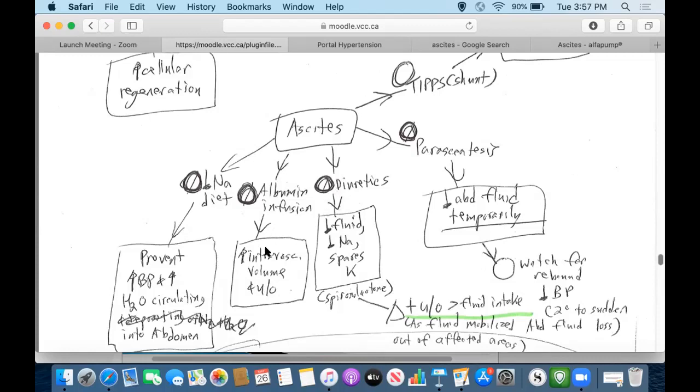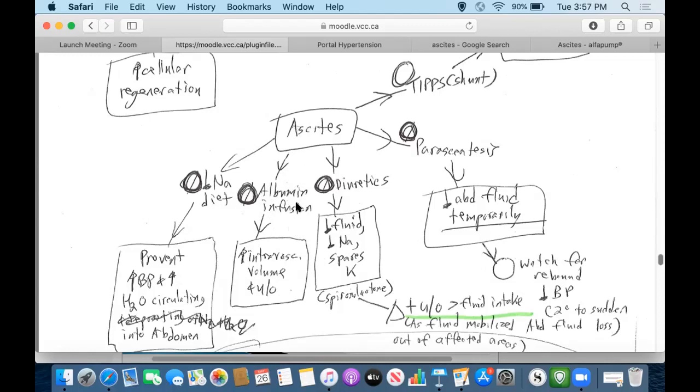We may need to give an albumin infusion to try and pull fluid from the abdomen back into circulation because albumin has oncotic pull. That might help a little bit. And if nothing else, it'll prevent fluid from flowing out of the blood vessels into the tissues again, but it won't last forever because that will be metabolized and moved out of the body in and of itself.